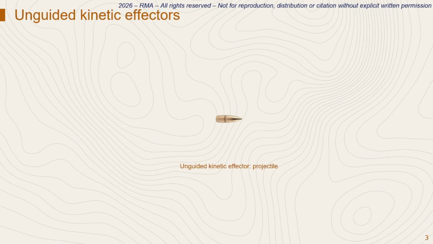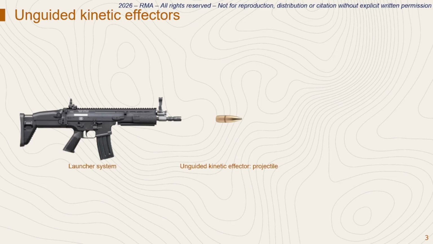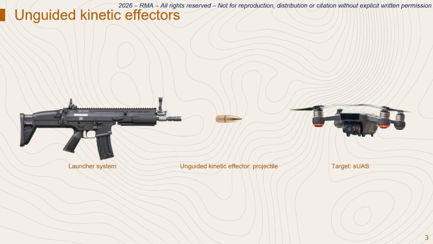The unguided kinetic effectors are essentially the weapons that form the backbone of most ground forces. There are three actors in our scenario: the projectile, its launcher, and the target it is trying to impact.